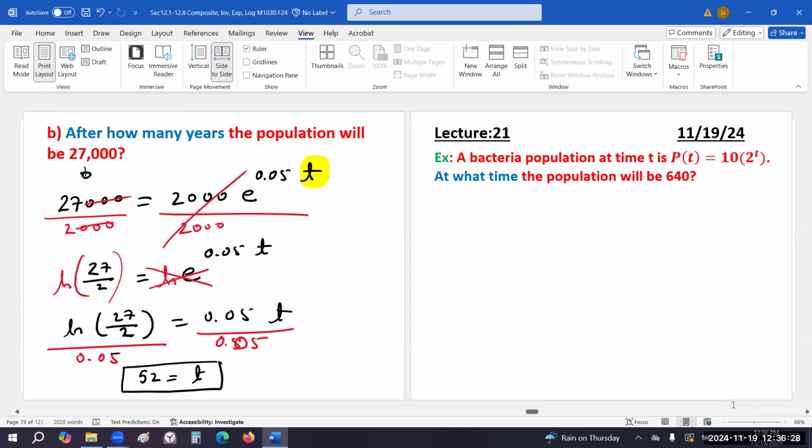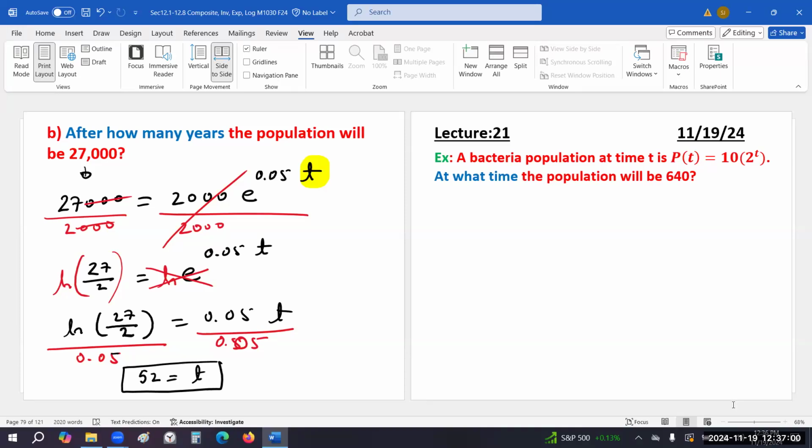And now comes our last problem. A bacteria population is given by this formula. At what time will the population be 640? We are solving for time, but time is on the power. And guess what? This is a non-calculator question, so you're not allowed to use a calculator here.